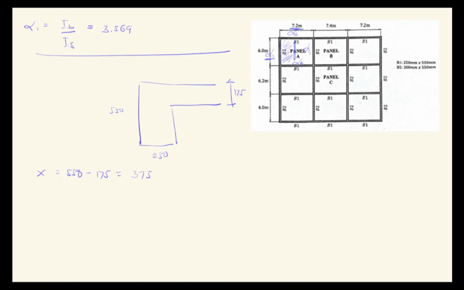This is equal to 375 mm. And for h, which is equal to 700 mm. The lesser of which is 375. So this projection, which will be included as integral part of the beam, B1, this is 375 mm.